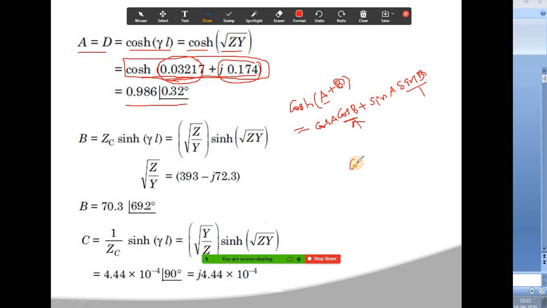Now what is cosh of j theta? Cosh of j theta can be written as cos theta, and sinh of j theta can be written as j sin theta.